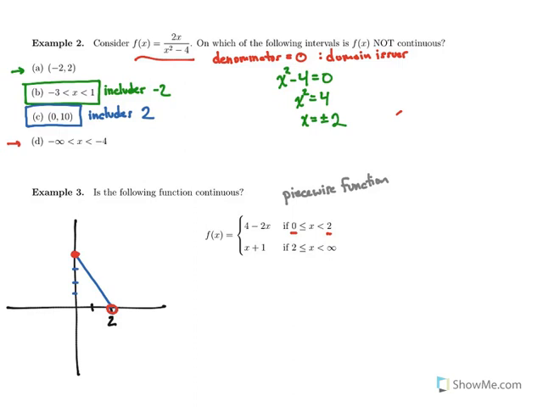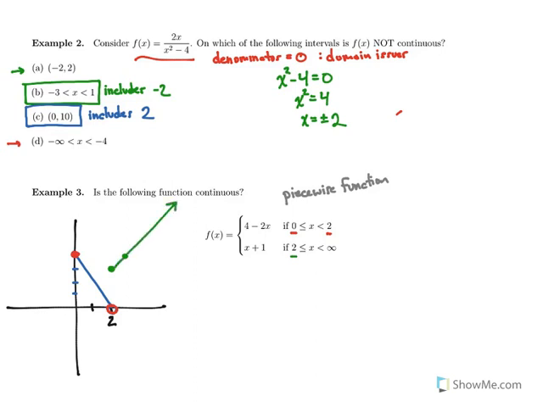Then we also know that this function is going to be x plus 1 when we're greater than 2. So let's do the second way. Let's plug in 2 into the function. 2 plus 1 is 3. So at the function value 2, we have 3. And then we can just draw the graph of x plus 1. Maybe we need to graph one more point. If we plug in 3, we're going to get 4.